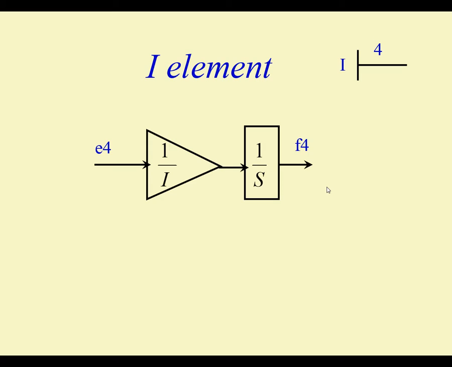Because you see here, this is your output, and this is your input. And that's how you write it, because the output you see here is this, and this is your input.